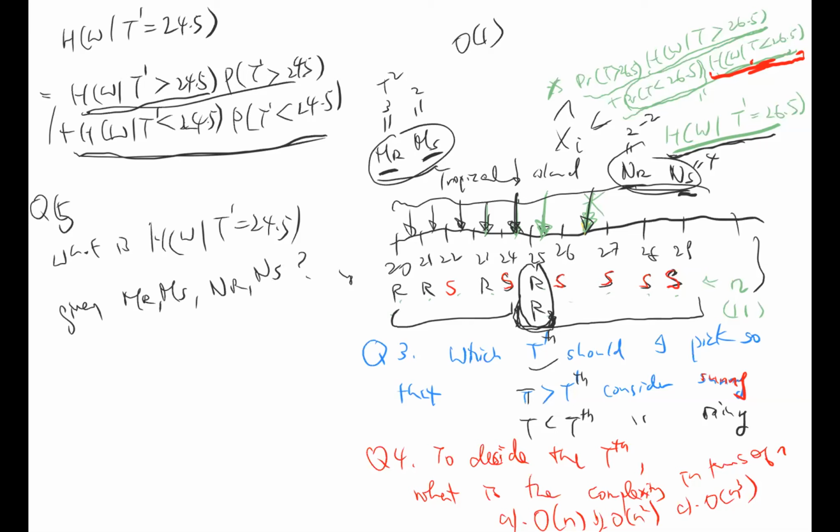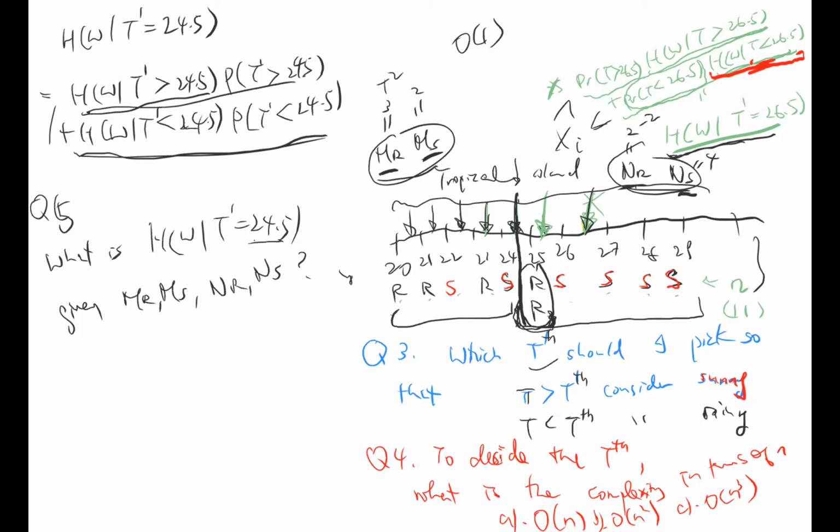Yeah, my question is, let me go again. So again, my MR, MS, NR, NS, what are they? Let's say I pick a threshold, 24.5 here.